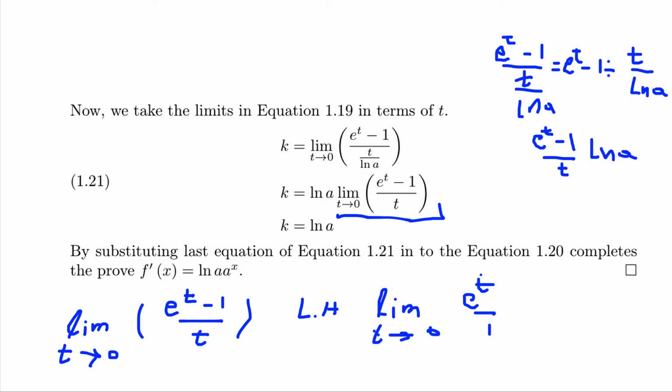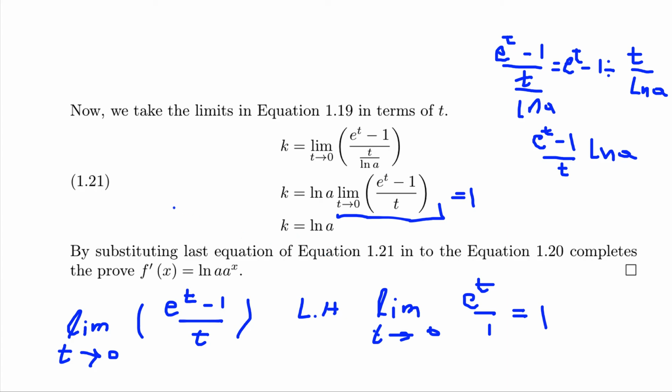If we substitute t by 0, e^0 is 1, and 1 divided by 1 is equal to 1. Because this is equal to 1, now 1 times ln a is ln a, so k is equal to ln a.